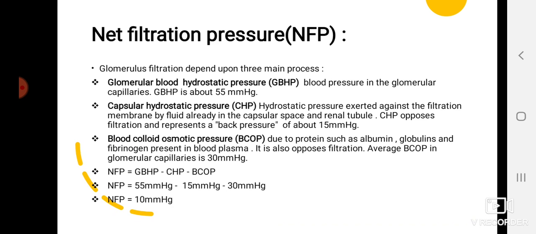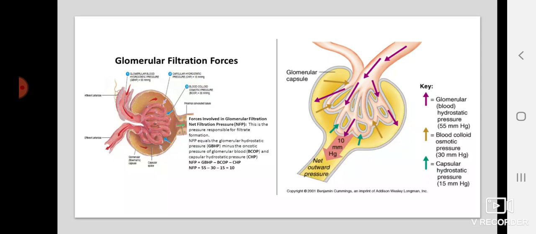So that's why this pressure is subtracted. And blood colloid osmotic pressure is also subtracted because it opposes the filtration. This is an easy subtraction, so you can calculate. Okay, 10 mmHg is the net filtration pressure.